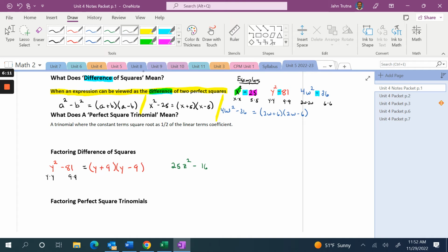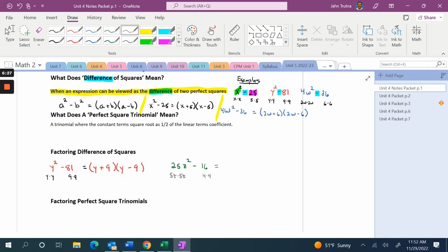The answer is, of course it is, Mr. Trutna. 5z multiplied with itself is 25z squared, and 4 multiplied with itself is 16, and we have the subtraction symbol.